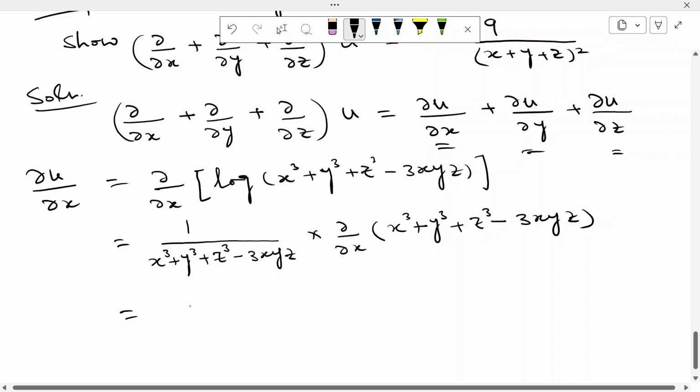So this is 1 over x cube plus y cube plus z cube minus 3xyz, and this will be 3x square. The derivative of y cube is 0 because you are performing this differentiation with respect to x.